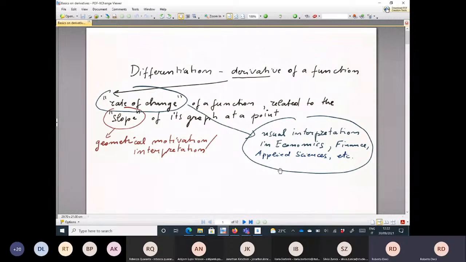Using another important quantity in applied economics, the logarithmic derivative, means measuring the relative rate of change. And then there is one more measure, called elasticity, which is a ratio between percentage changes of the two variables, the independent variable and the dependent variable. So this is what I want to do today.